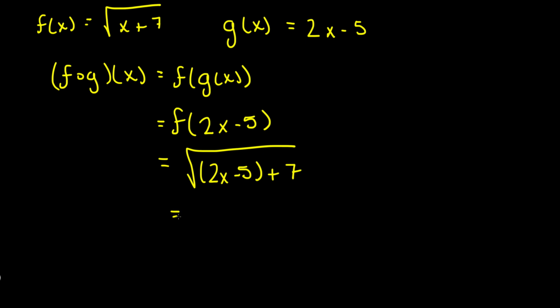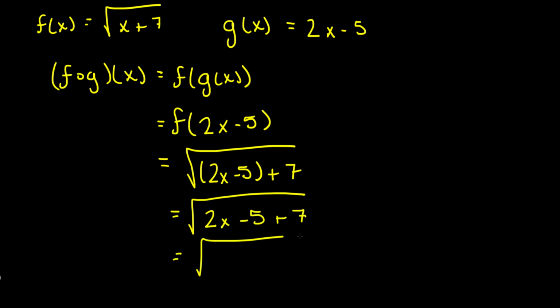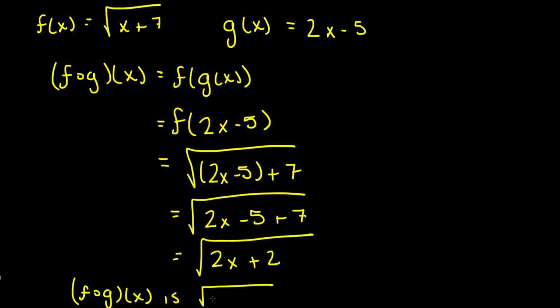Nothing can happen in the parentheses, so I'm going to remove that operation so I can combine like terms. So 2x plus 2. So the rule of composition here, f of g of x, is the square root of 2x plus 2.